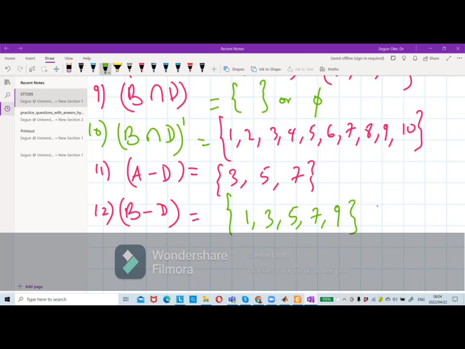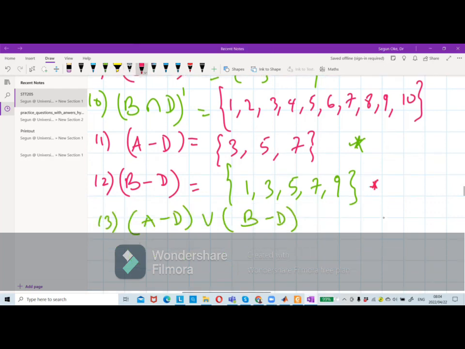So number 13 will now be A minus D union B minus D. That is, we need to find the union between 11 and 12.